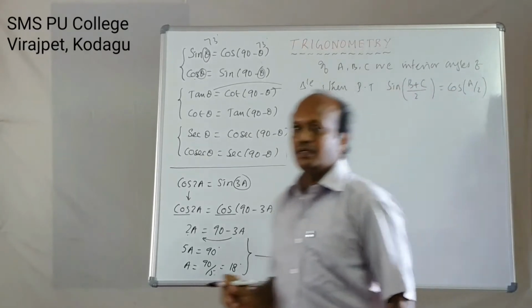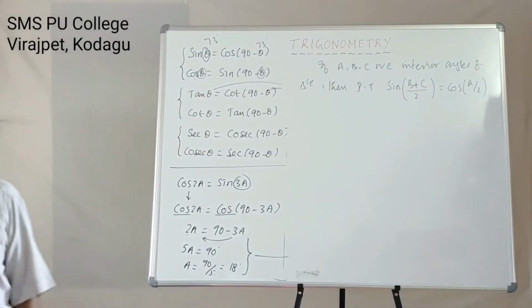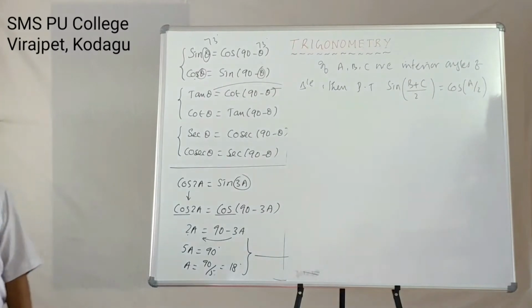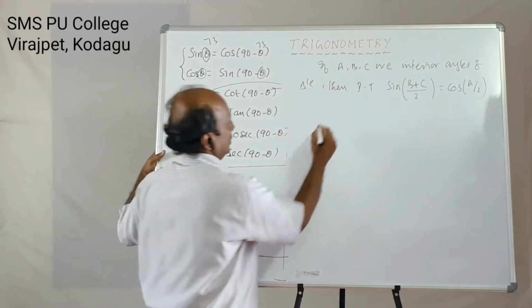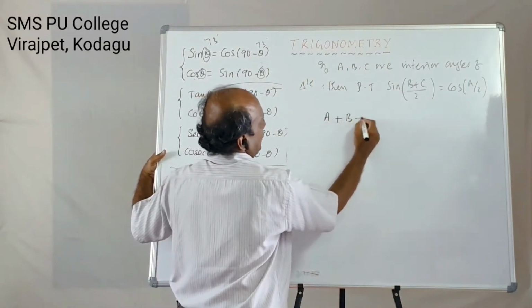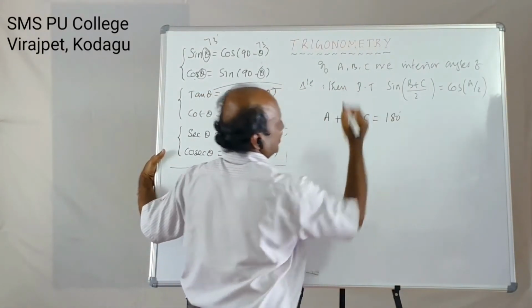What is given here? A, B, C are interior angles. How many angles are there for a triangle? 3 angles. What is the sum of the 3 angles of a triangle? 180 degrees. Good. A plus B plus C is equal to 180.